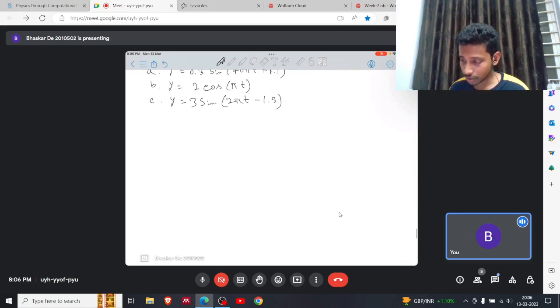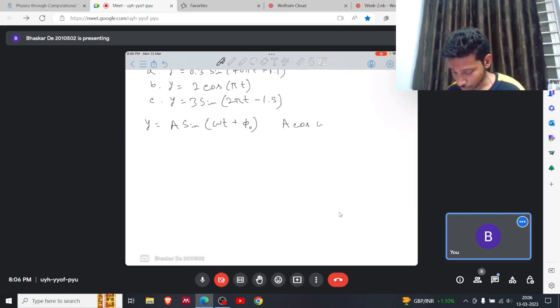So now for simple harmonic motion, we know the equation is y equal to A sine omega t plus phi naught or A cos omega t plus phi naught.